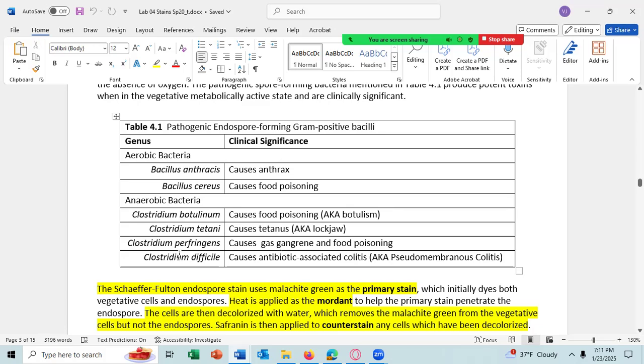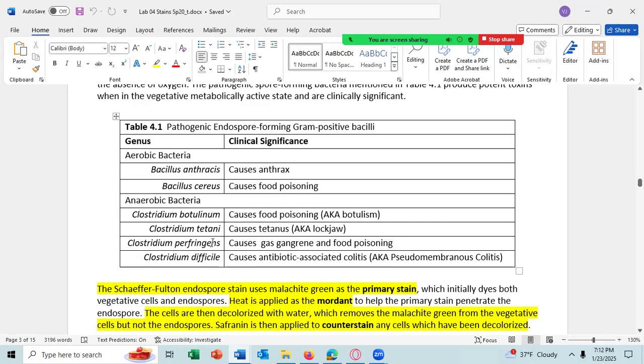And then Clostridium difficile can cause antibiotic-associated colitis, which is usually diarrhea the patient gets after taking antibiotics. The antibiotic can kill off the other bacteria, but it does not kill off the endospore of Clostridium difficile.